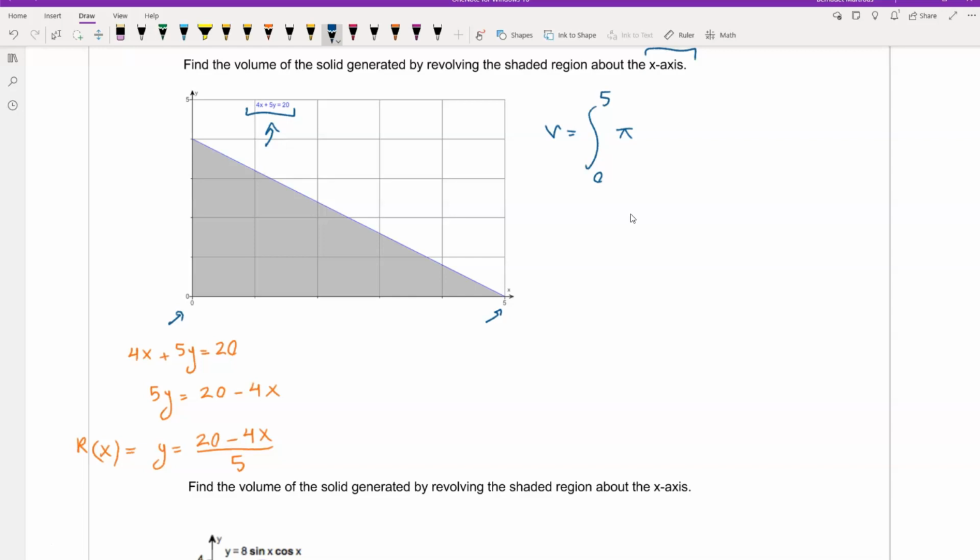That is what we have here on this part, for our radius. So r of x is 20 minus 4x divided by 5, squared, times dx.